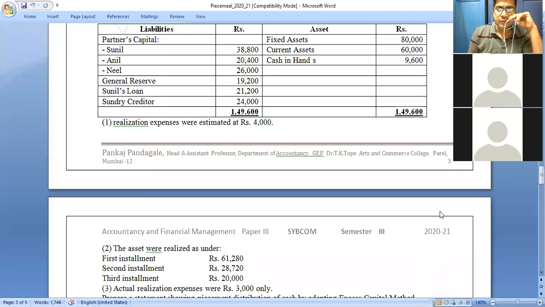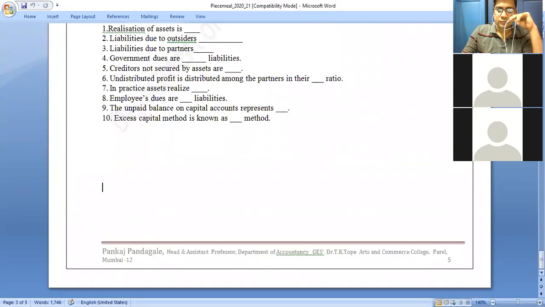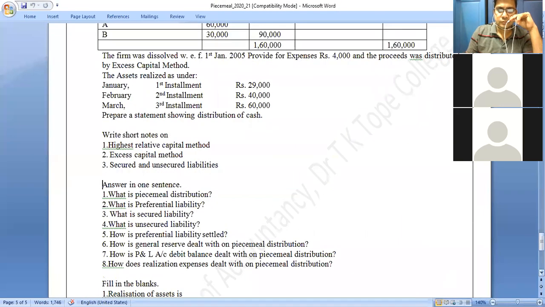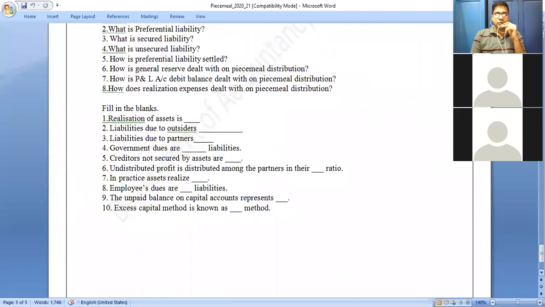We will discuss the same things right now. Now, friends, here, fill in the blanks. In your notebook, the fill in the blanks is there, that we are going to discuss.